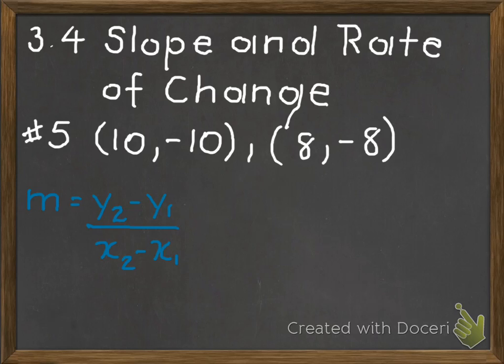It doesn't matter, as long as if we make, say, this 10 x sub 2, then we must also make this minus 10 y sub 2. And then we make this x sub 1, which means we must make this y sub 1.